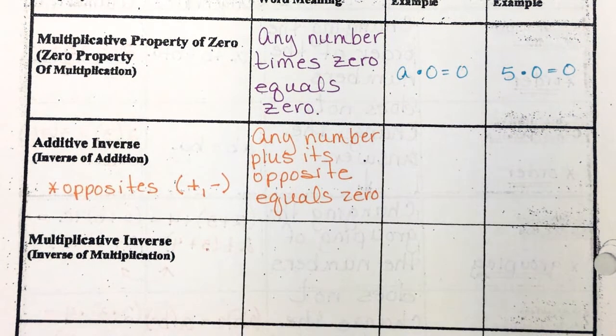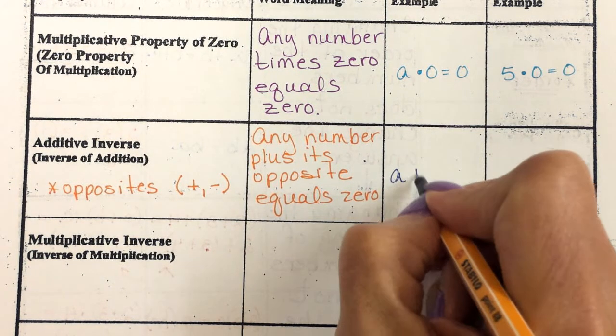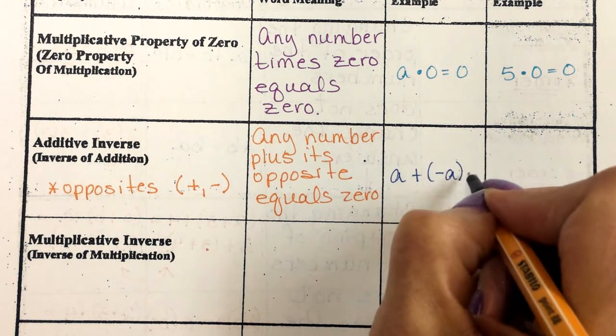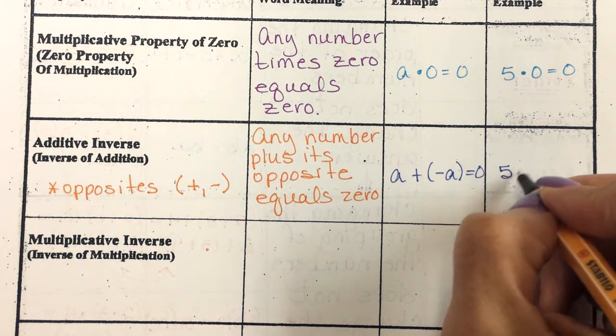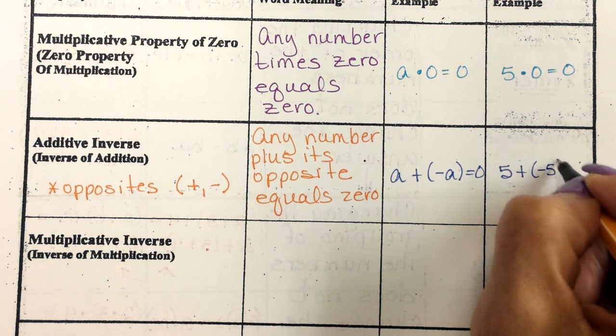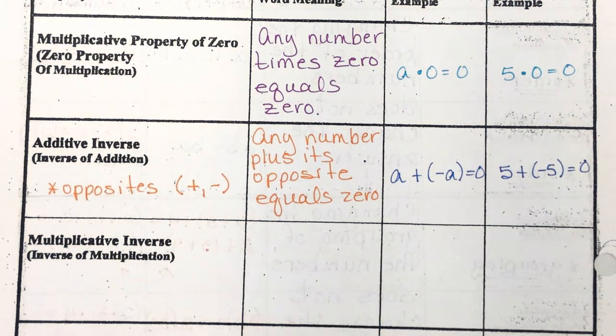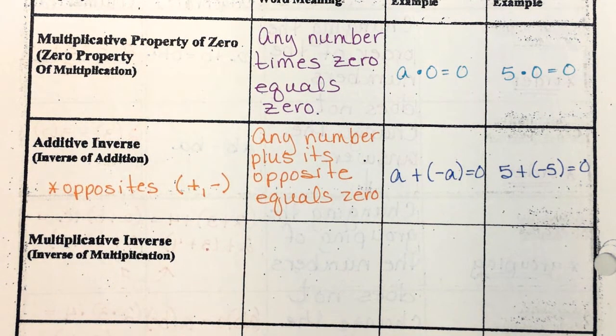That's it for that definition. Really simple. And again, not a hard concept to understand. It's just making sure you understand the name of the property that goes with it. So any number plus its opposite equals 0. So if you have $5 and you spend $5, you have no dollars left. That's what that's saying. And we all understand that.